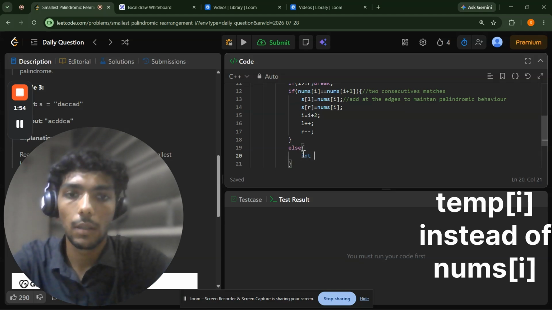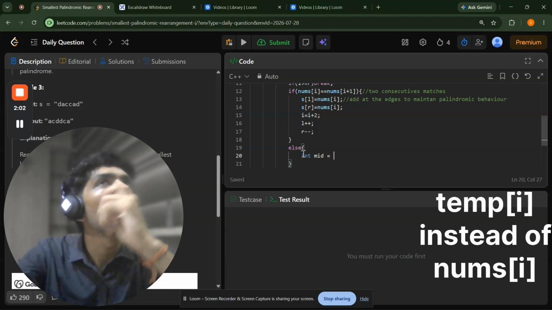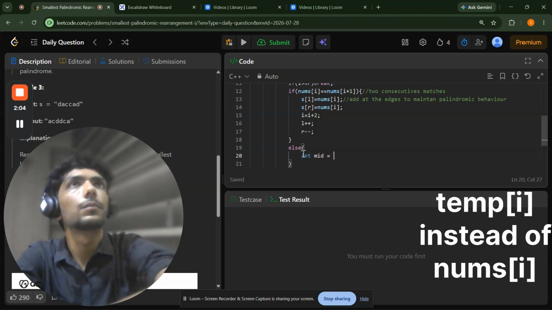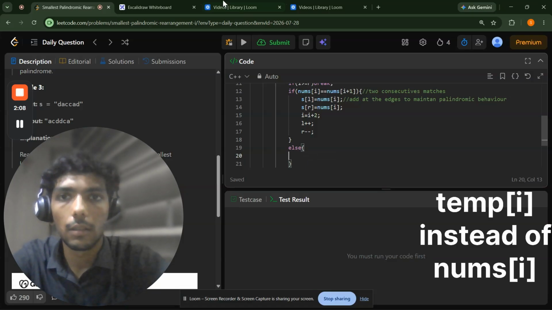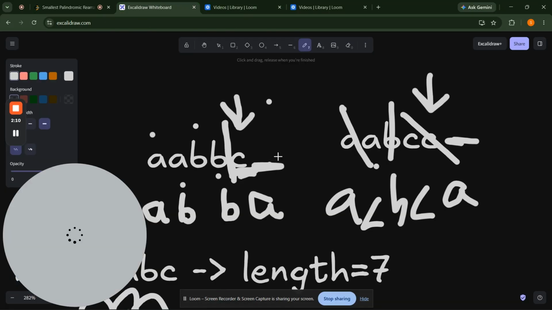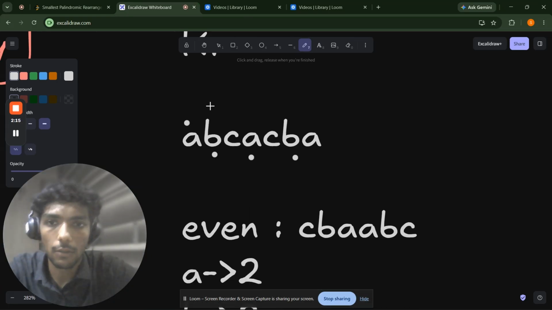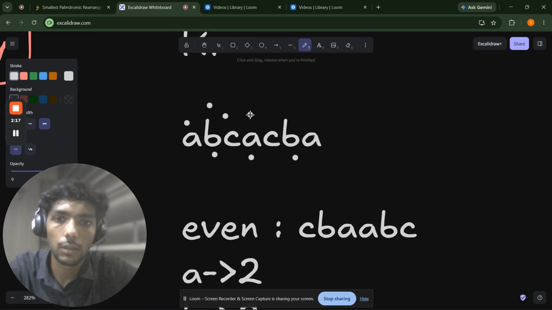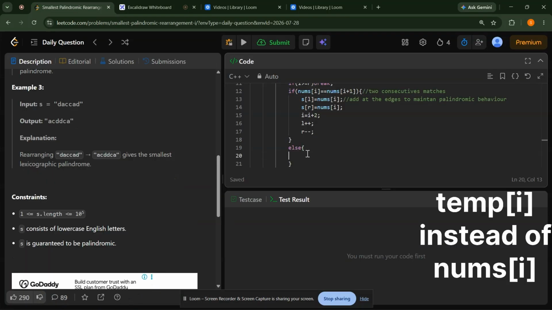So int mid equals to, if L is at 0 and if length is 7, in this case length is 7, where do we insert the middle element? 0, 1, 2, 3. So 7 by 2.